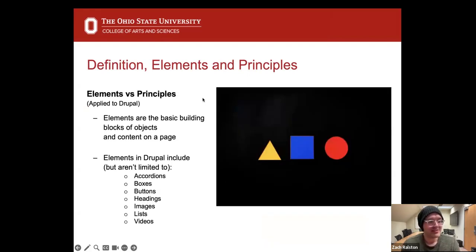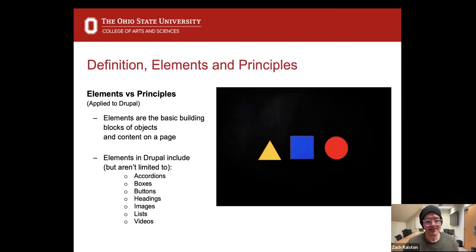So one of the things I've been talking about a lot so far is our elements. When I say elements, I'm essentially talking about the basic building blocks of objects and other things on a page. Basically, the things that make a web page. That can be anything from simple text, paragraphs, things like that.